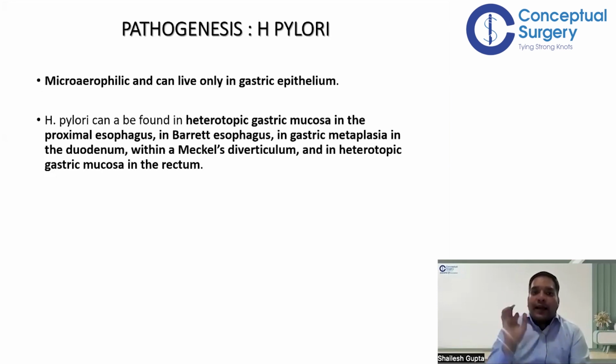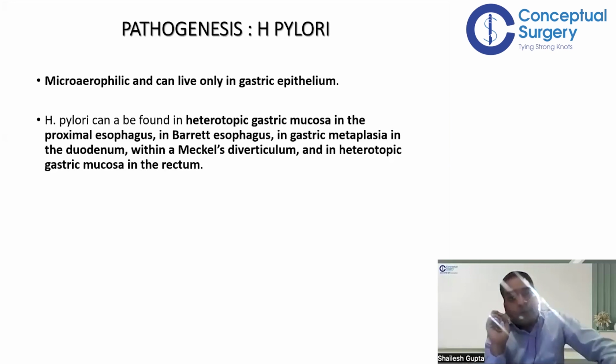That is why H. pylori can be found in the heterotopic gastric mucosa, in the proximal esophagus, in the Barrett esophagus, in the gastric metaplasia, in the duodenum, within the Meckel diverticulum, and in the heterotopic gastric mucosa in the rectum. So जहां हेटरोट्रोपिक गैस्ट्रिक म्यूकोसा मिलेगा वहां पे भी H. pylori मिल सकता है and H. pylori exclusively gastric epithelium में मिलता है. If it is found in the duodenum, this means that the duodenum has a gastric metaplasia.